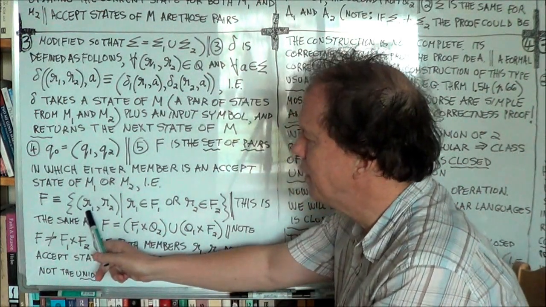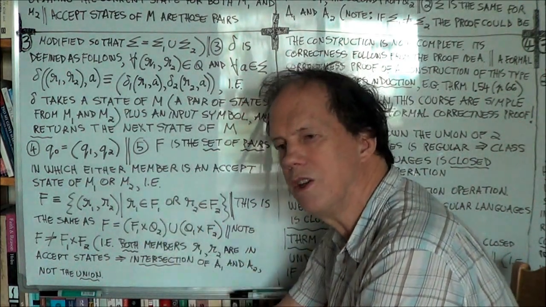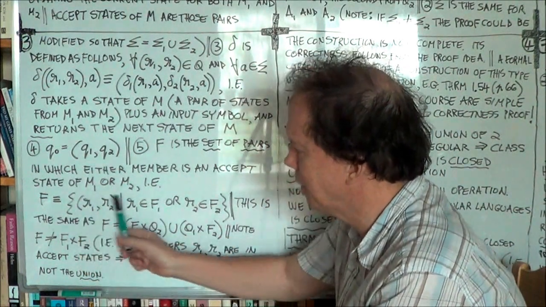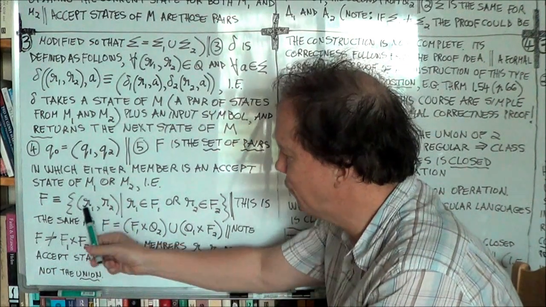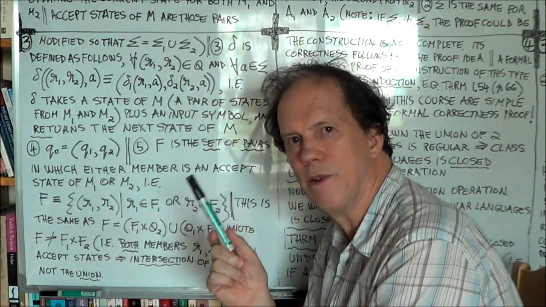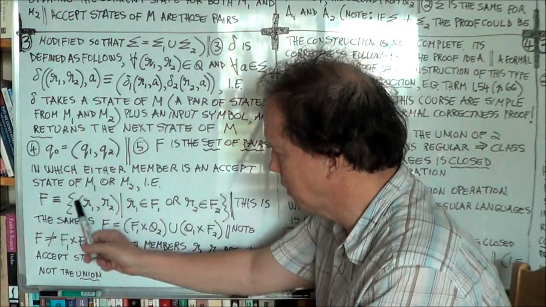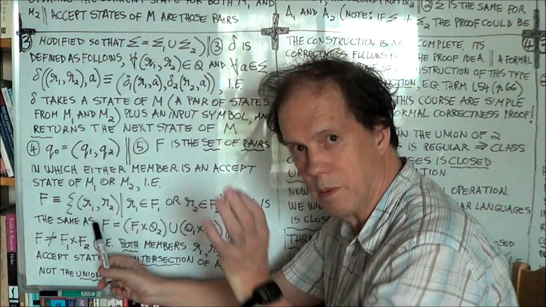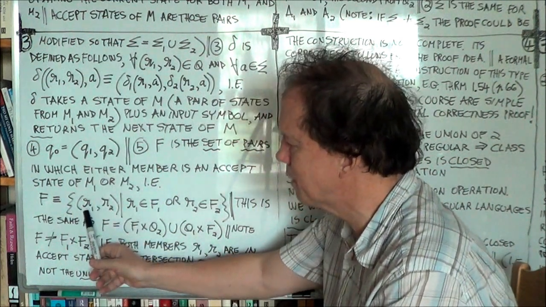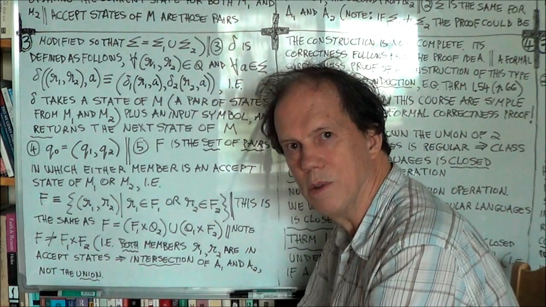So if R1 is in an accept state, assuming the input string has been read and the reading has finished, and you look at the final state of machine M. You're trying to find the states that would be accept states for machine M, in other words F. They will look like this, where, now the input string has been read, either this is an accept state for machine M1, or this is an accept state for machine M2.